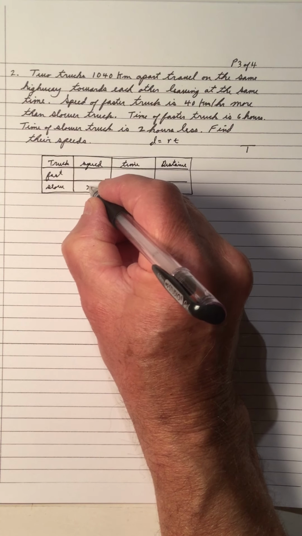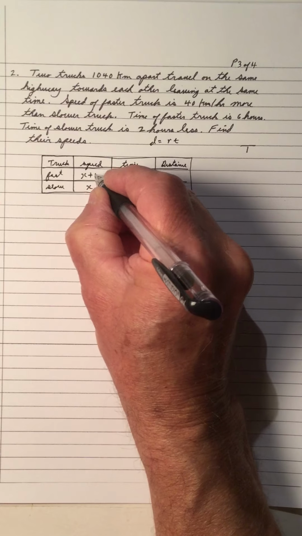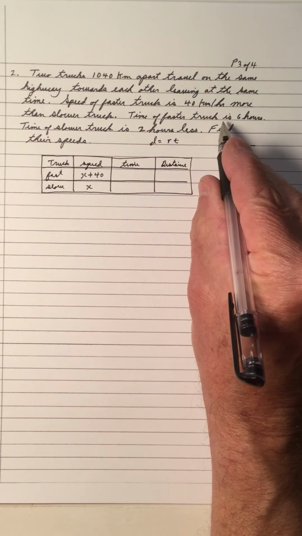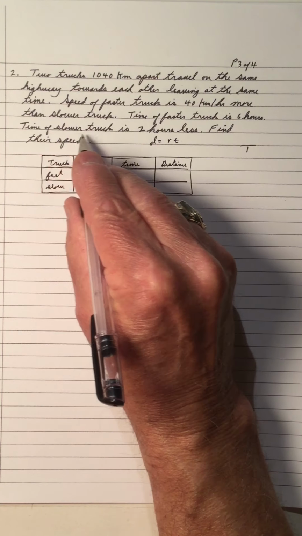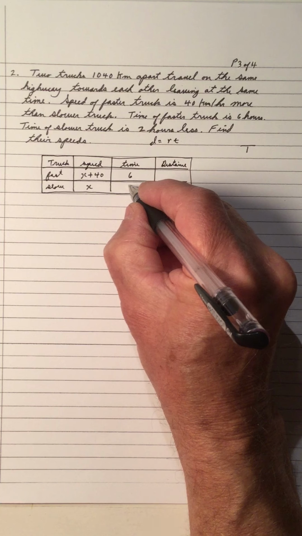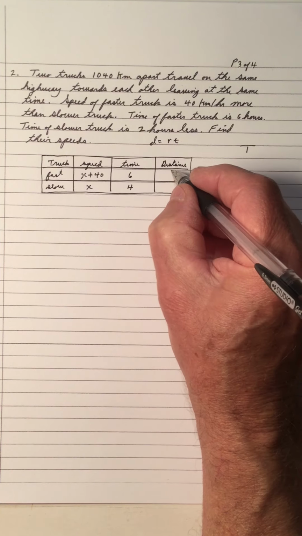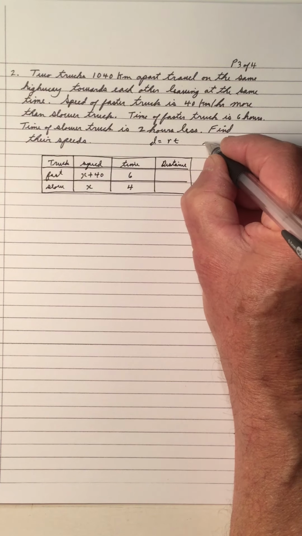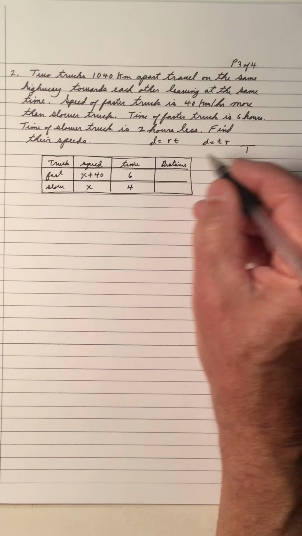So I'm going to let the speed of the slow truck be x. The fast truck is faster, so it's x plus 40. And the time of the fast truck is 6 hours. And the slower truck is 2 hours less. So that means 6 subtract 2 is 4. So distance equals rate times time. So we could say distance equals time times rate, same, give it the same answer.